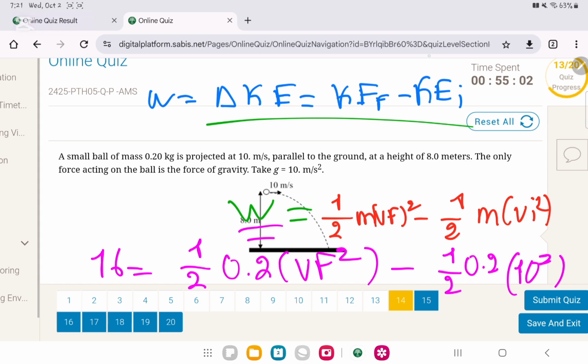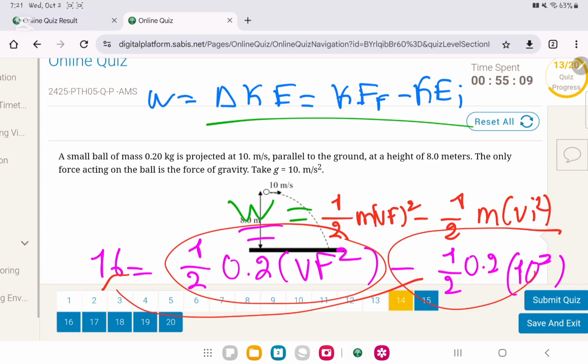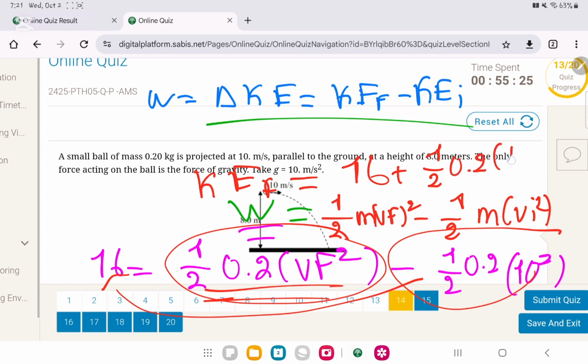So now, if we move this to the other side, we're going to have that this over here, which is the kinetic energy final, is going to be equal to 16 plus 1 over 2, 0.2 times 100.